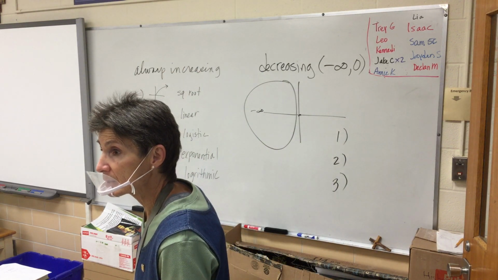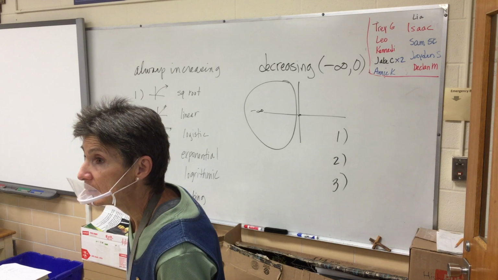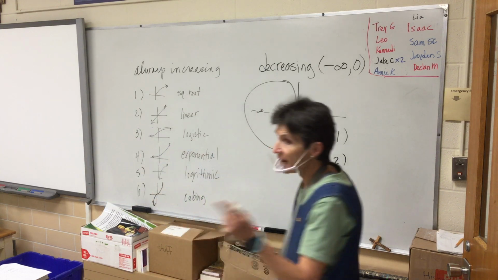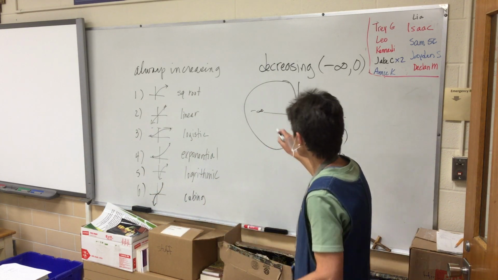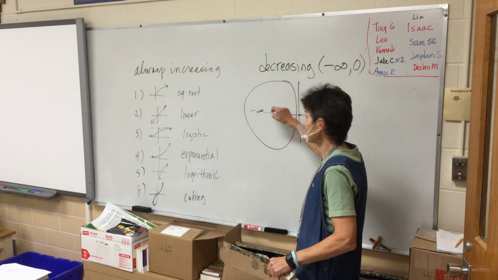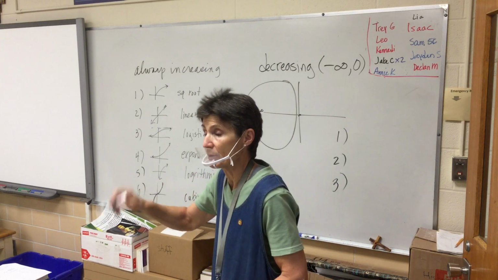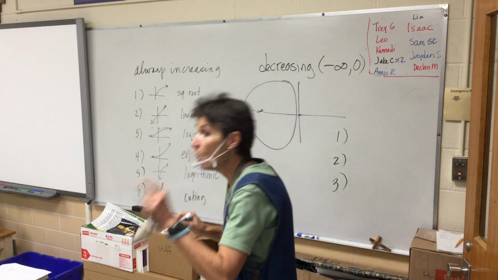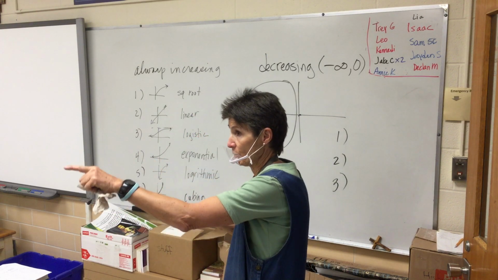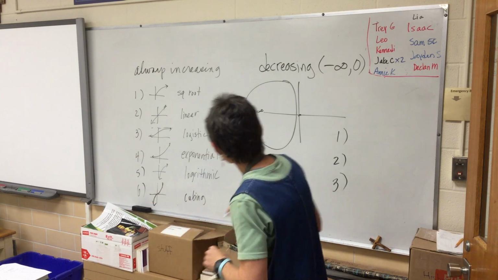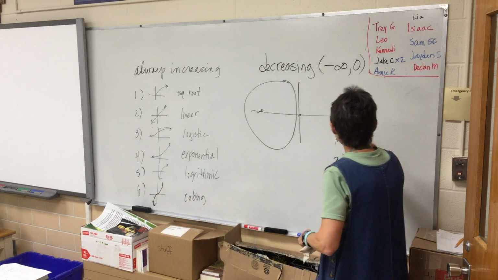Caroline? The sine? The sine is a tricky one because sometimes it's going down over here, but sometimes it's also going up because it's going up and down and up and down. I need one that's only going down. Absolute value, perfect.